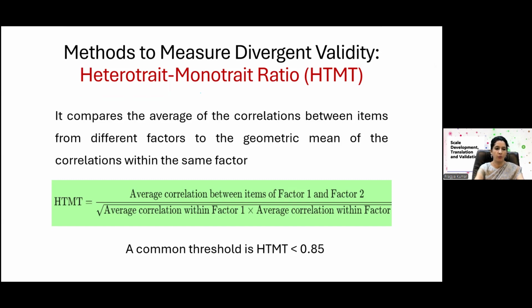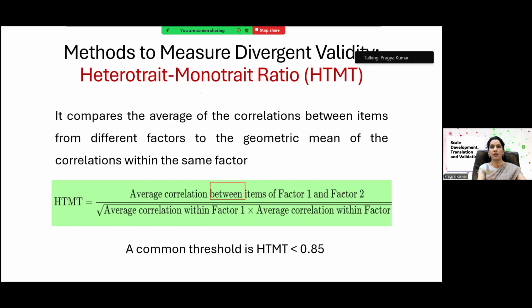So basically this HTMT is a ratio. In the numerator, it is the average correlation between items of factor 1 and 2. Remember this term: average correlation between items of factor 1 and 2. I'm only doing this for factor 1 and 2. Let's say there are 2 factors.